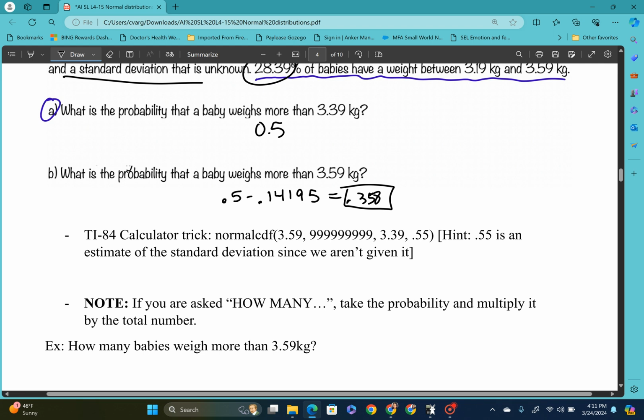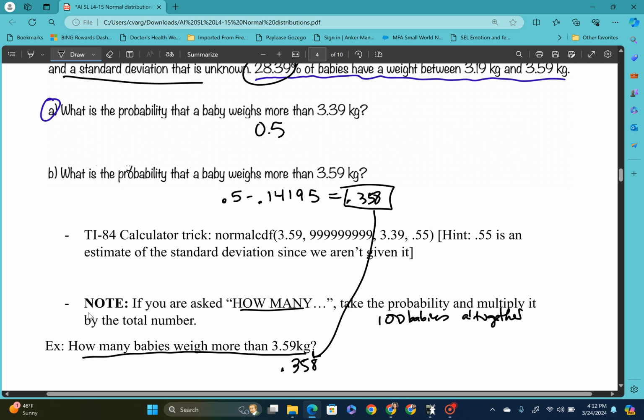Now, last note: if we're asked how many babies weigh more than 3.59, we would have to take the answer that we got, 0.358, and then this is how many of our babies. We would need to know a total number of babies here. So I'm going to say there are 100 babies altogether.